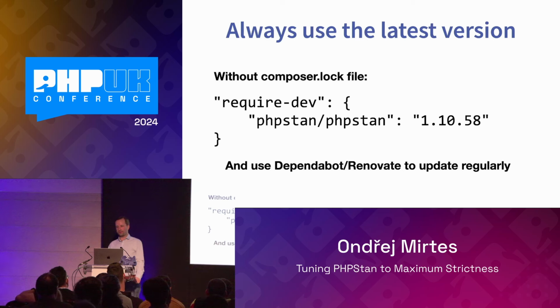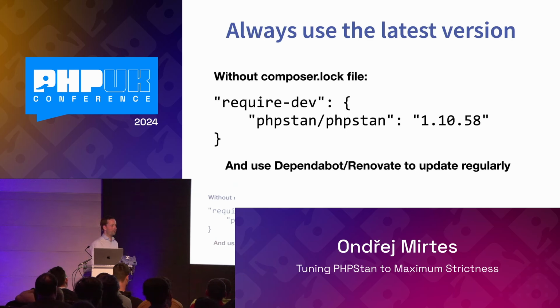And that's because when someone reports a bug and the bug gets fixed, it makes their build green, but it also can make someone else's build fail, right?